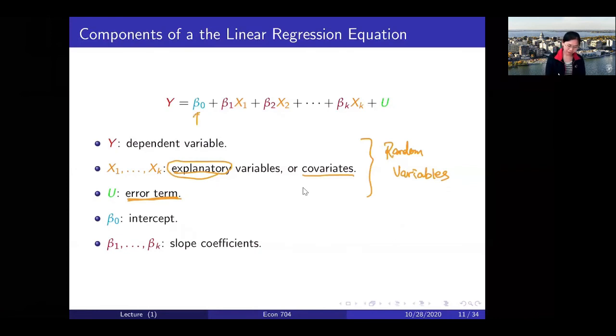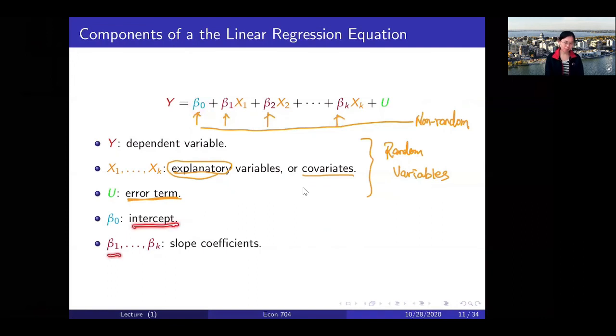And what about these betas? At least for now, these are non-random. There is a beta 0 that's not multiplying any random variable, and that one is called the intercept.